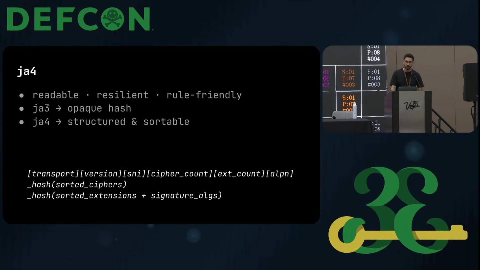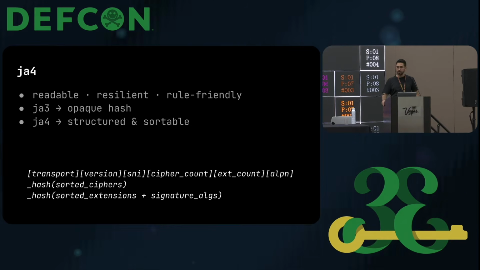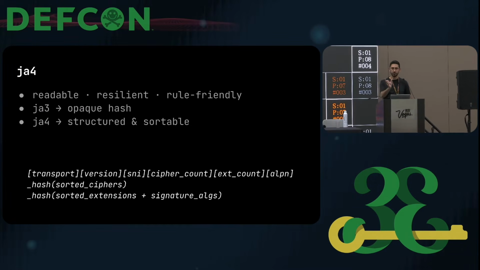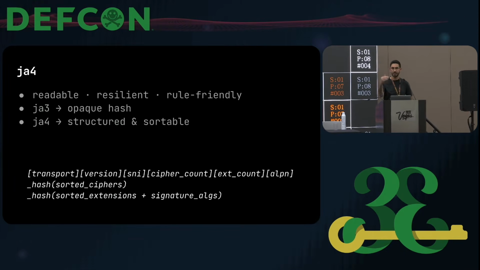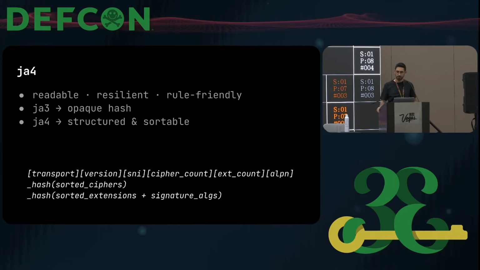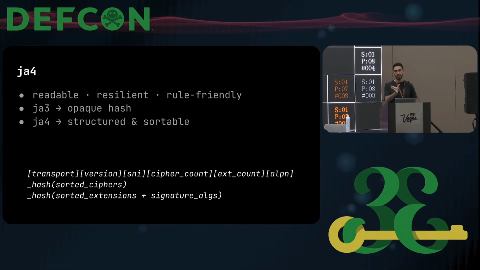In JA4, it's more readable and rule friendly. For example, you can write a rule to look for the first few characters and then use an asterisk for the rest, because the format is defined in a way that makes that easy. Just by looking at the string, you can say, oh, this was QUIC traffic, or this was TLS 1.3, and then you can see the rest of the things as well.